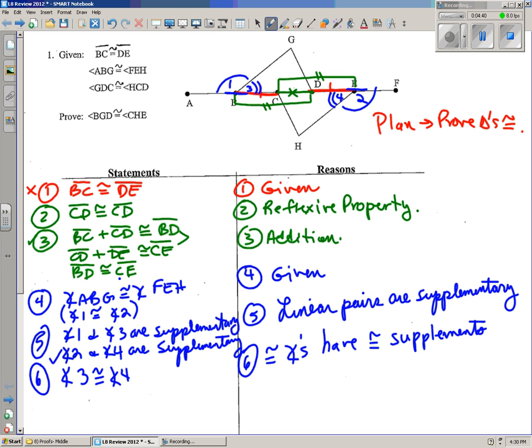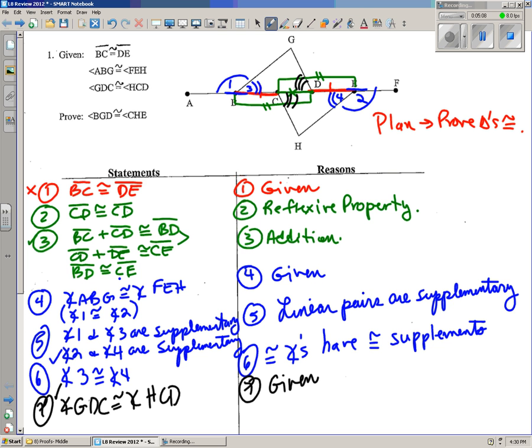And that counts. And then they told us angle GDC, this guy right here, is congruent to angle HCD, this guy here. And that counts.